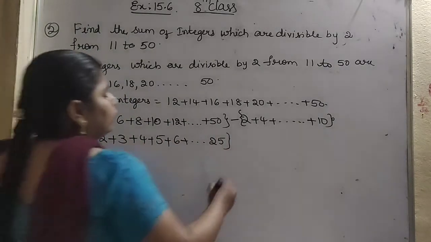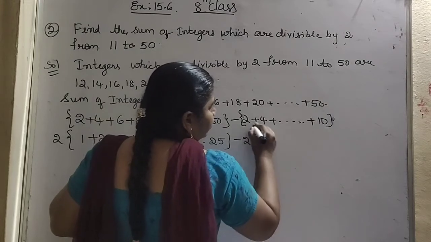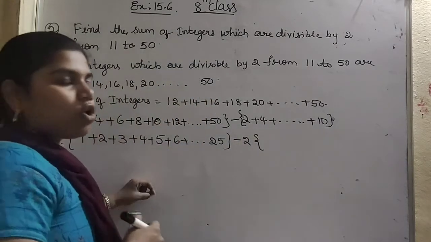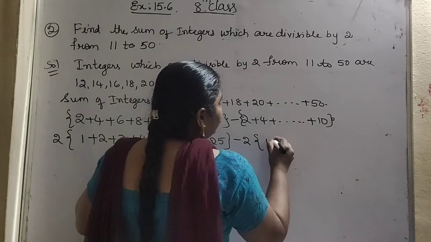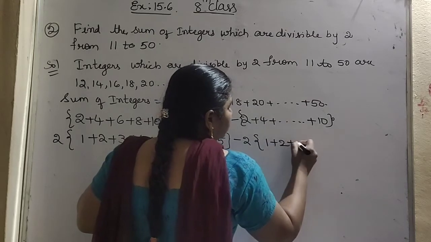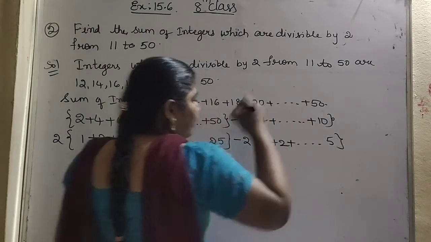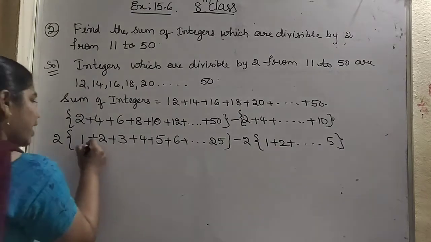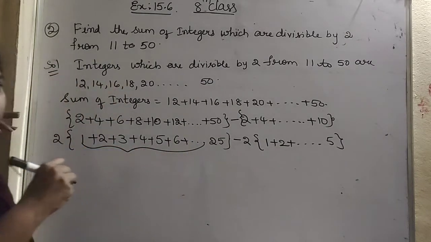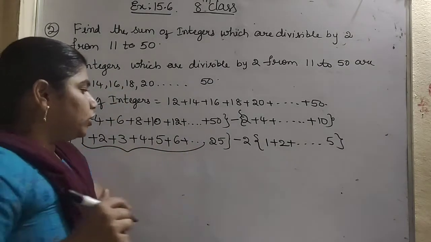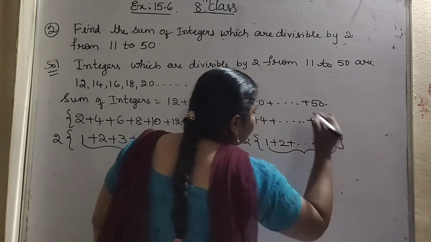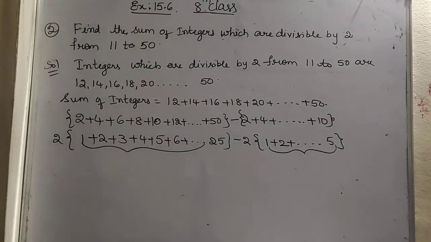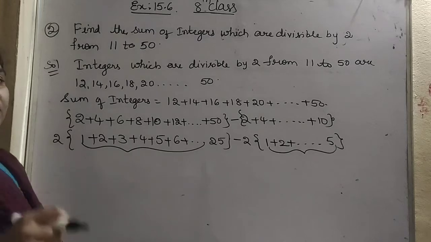Okay, now from this also I am taking out 2 as common. That will be 2 ones are 2, 2 twos are 4, so on up to 2 fives. So now this set has been converted to natural numbers, the sum of n natural numbers. Here also the sum of n natural numbers. So already I told you the formula for sum of n natural numbers.